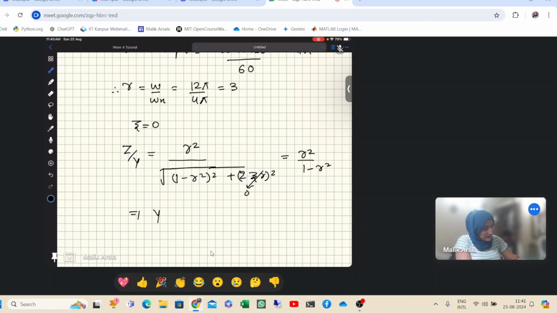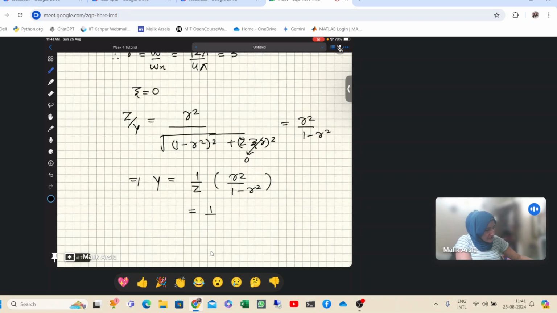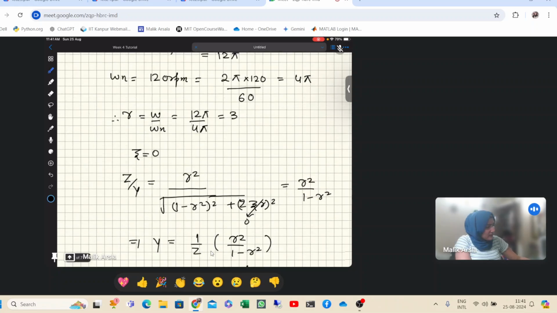So let us see, Y is equal to 1 upon Z into R square upon 1 minus R square. So 1 upon Z is equal to 0.05 mm, right? And R square will be 4. R is 4, right?